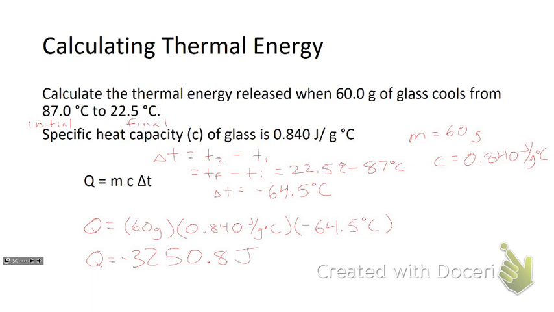And kind of like how we changed our kilojoules to joules in the last question, we just multiplied by 1,000. If you want to go from joules to kilojoules, you'll just divide by 1,000. Okay, so let's divide by 1,000. That will give us negative 3.25 kilojoules.